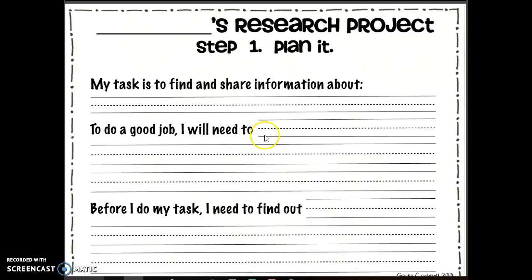I'll need to do my research, make sure I take time to read my research, and come up with a great project. Before I do my project, I need to find out probably all about golden doodles, mostly about their diet, perhaps about their habits or how they act. So those would be the things that I would put right here.